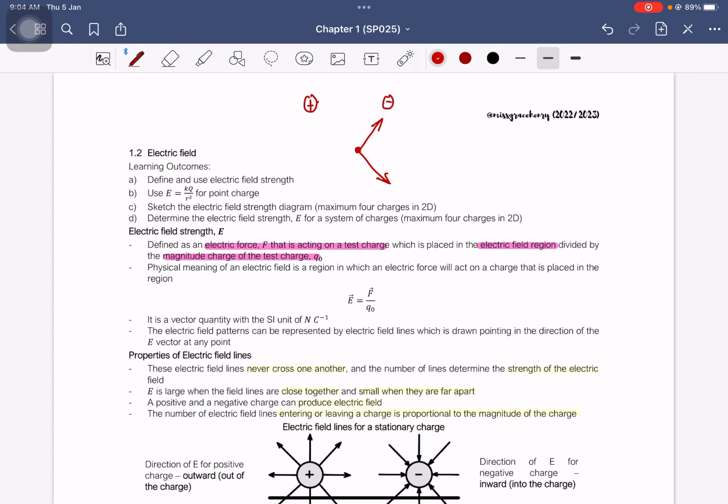So this is Q1, Q2, this is E1, this is E2. Next, you have to find the magnitude of the electric field strength, and if there are x and y components, you have to find the magnitude and the direction. That's basically subtopic number 2.